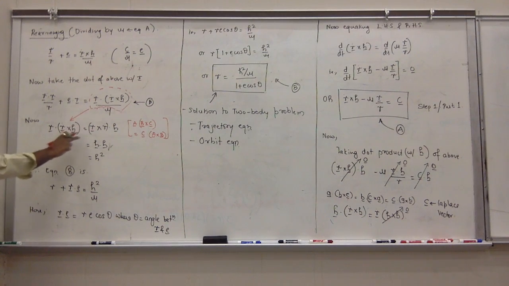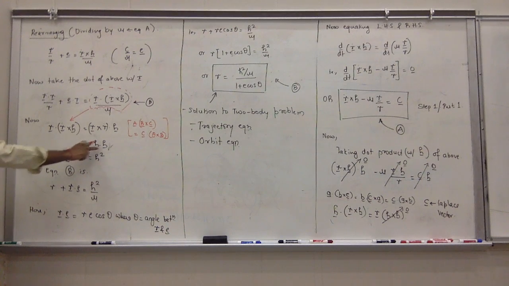So this is simply this written as this. The reason we want to do this is we want to get R cross with R dot. What is R cross with R dot? H. Remember, that is how H is defined, right?